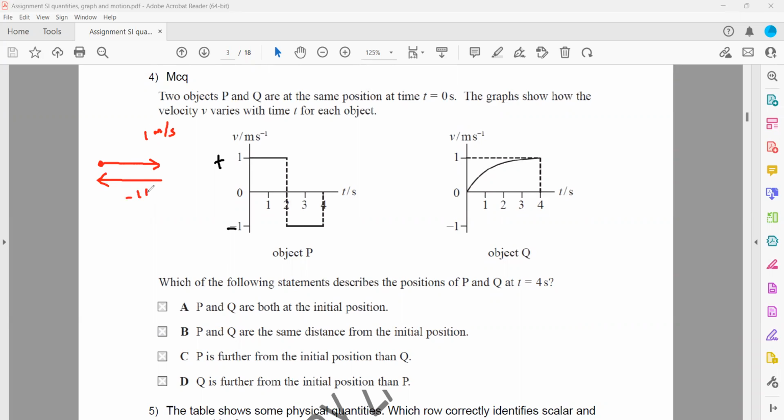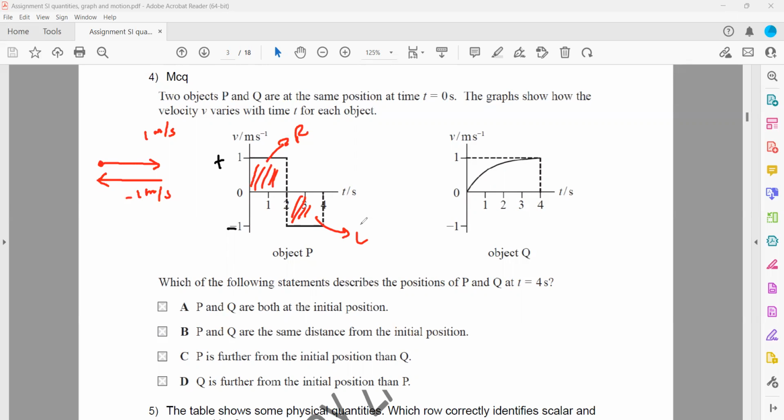It moved with the same magnitude but in the opposite direction, -1 meter per second, which means that it reverses its direction and returns back to the starting position. And the area under the velocity time graph shows the displacement. If this is representing moving towards right and this represents moving towards left, both have the same areas.